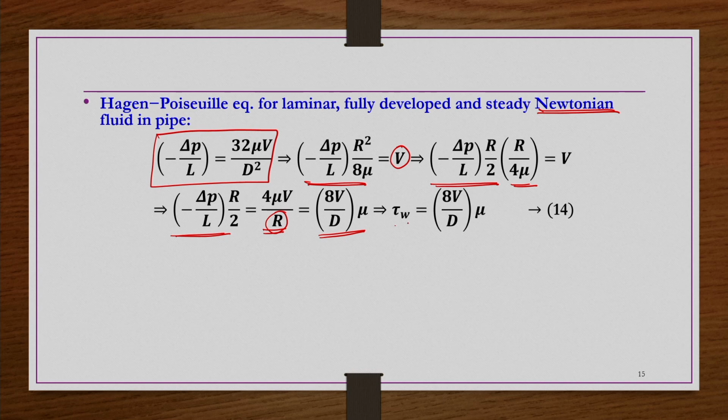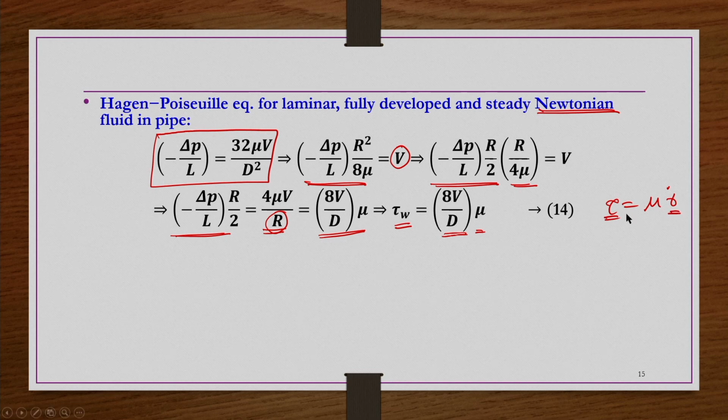Which is nothing but tau w. Minus delta p by L, capital R by 2 is nothing but tau w, which is true irrespective of the nature of the fluid, whether it is Newtonian or non-Newtonian, for this flow geometry. On the right hand side 8 v by d mu we are having. So now what is the relation for the Newtonian fluid? Tau is equals to mu gamma dot, isn't it?